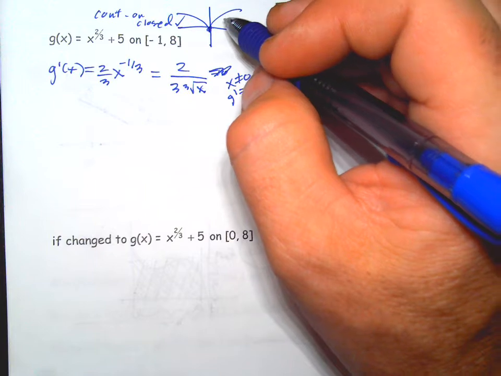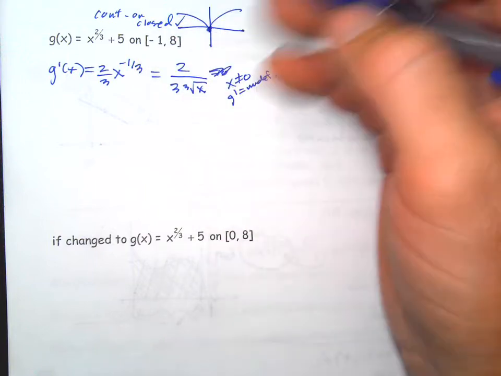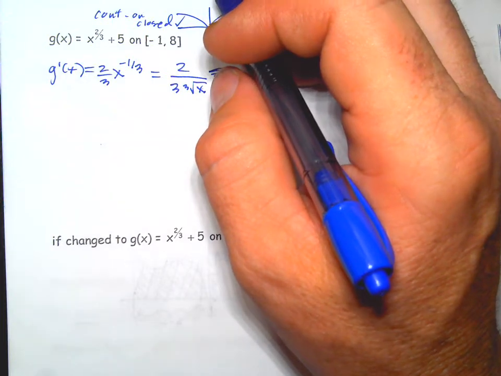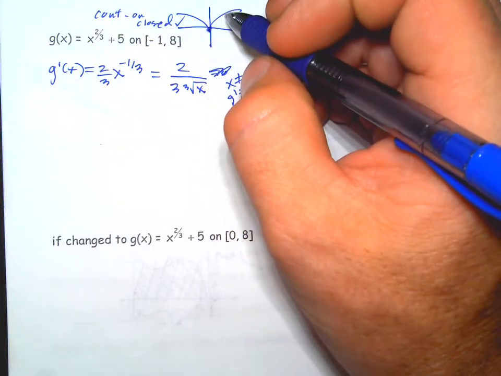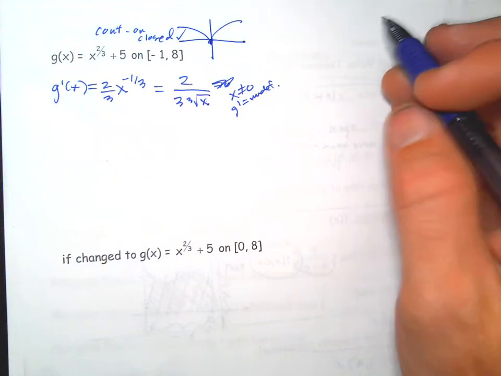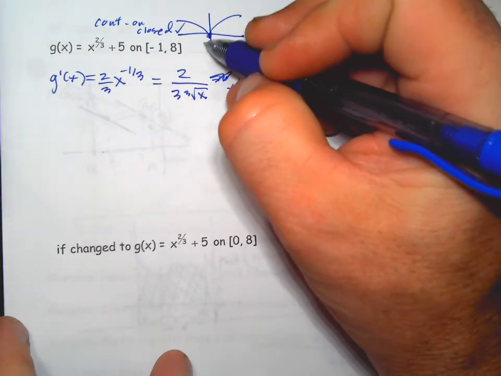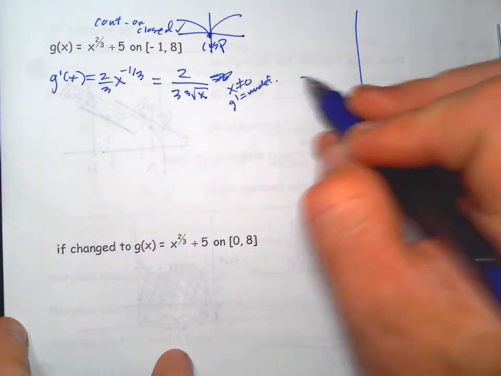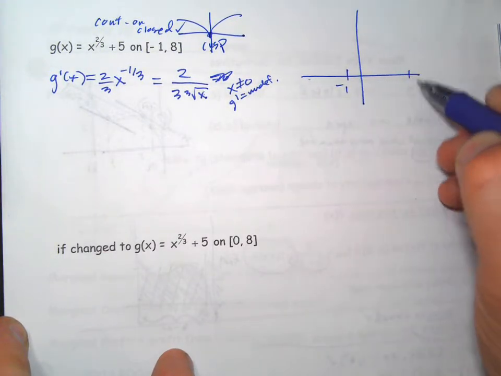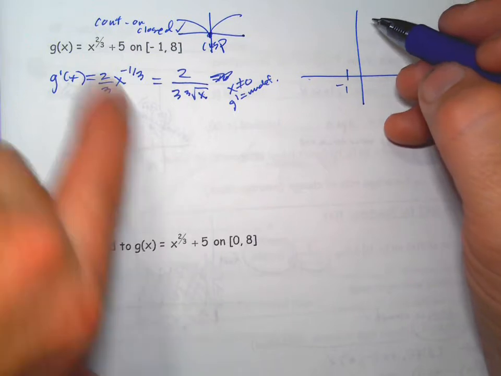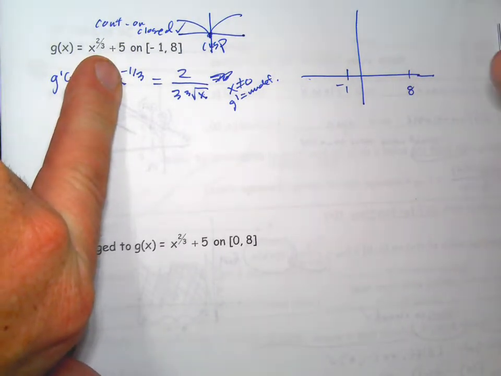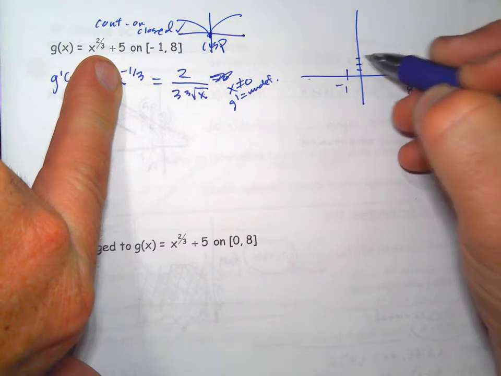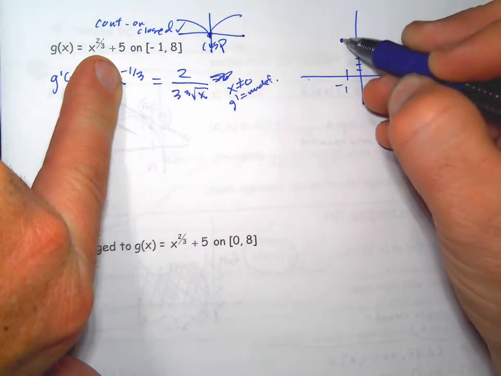Now it might kind of work out to find the average slope, but we can't get the guarantee for sure because, and I'll show you on the graph. So the graph, we have this cusp here. If we were to make a little nicer graph of this from -1 to 8, and you plug -1 in, cube root of -1 is -1, squared is +1, plus 5 gives you 6.